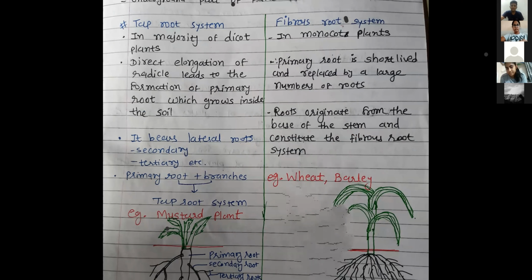Say it, Kirtan. Ma'am, maize. Maize, correct. Maitri. Tea? Tea, correct. In that also there are parallel venations, right? Rice, maize, wheat, barley.